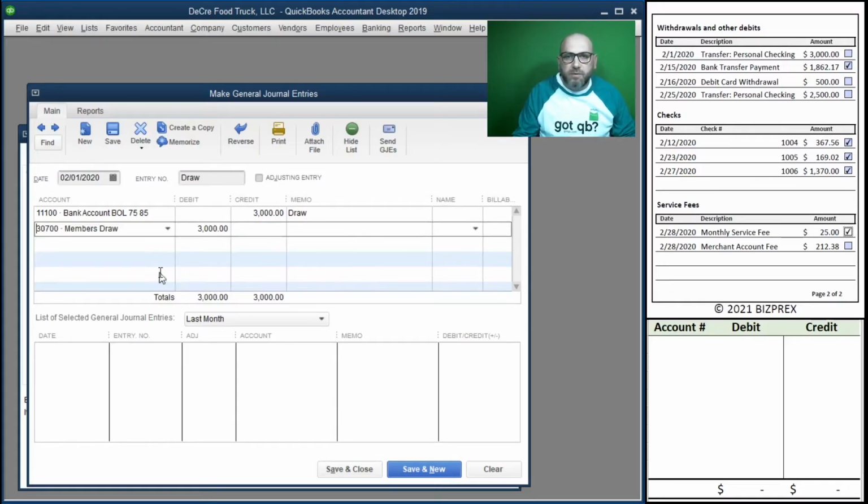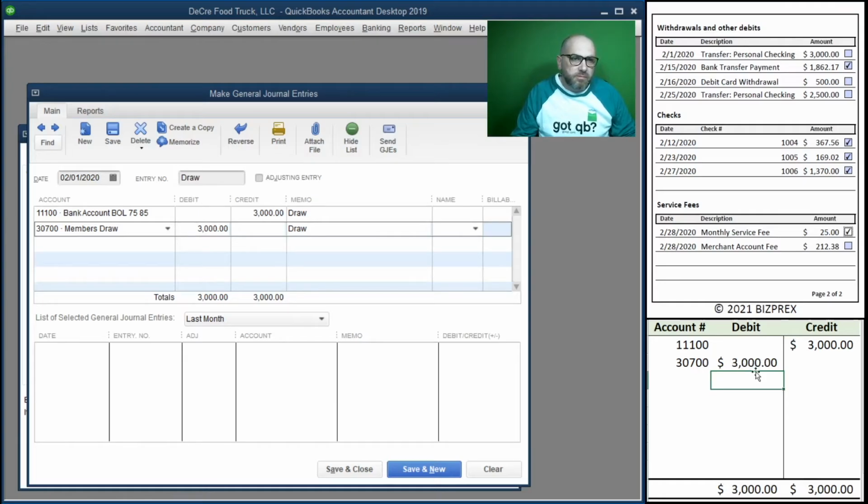So again, it's going to be member draw. What it does, it reduces equity. So let's go ahead and show it right here, although everything is right here on general journal entry interface. It's basically depicted, right? It's very straightforward, but I still want to reflect it, right? Unlike other interfaces, it's easier. So what happens, right? Our equity account, the member's equity account, is debited. Debits reduce those, right?